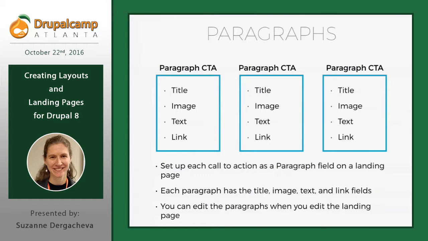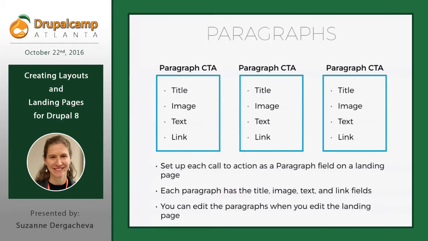So the way that I would approach the calls to action, probably in Drupal 8, would be to use the paragraphs module. This module is kind of like field collection if you've used that before, and it allows you to create new types of paragraphs on your site. Paragraphs are a type of entity, and so you can create multiple types of paragraphs.